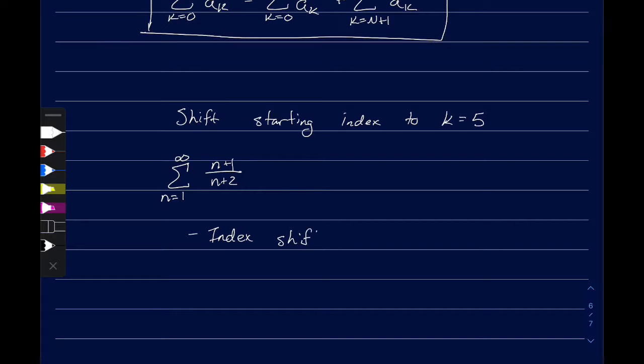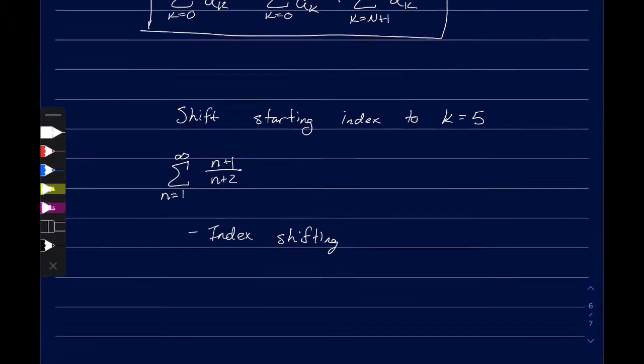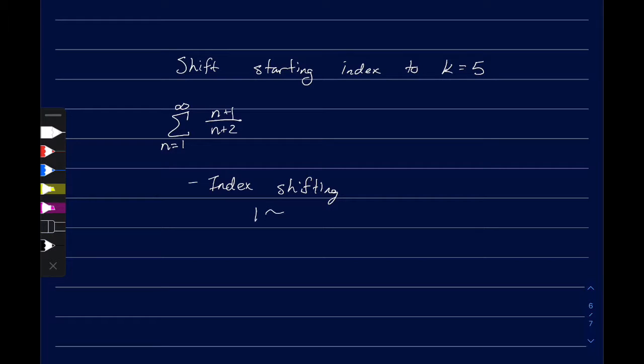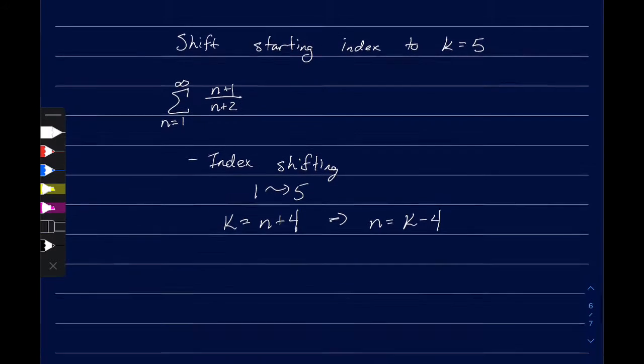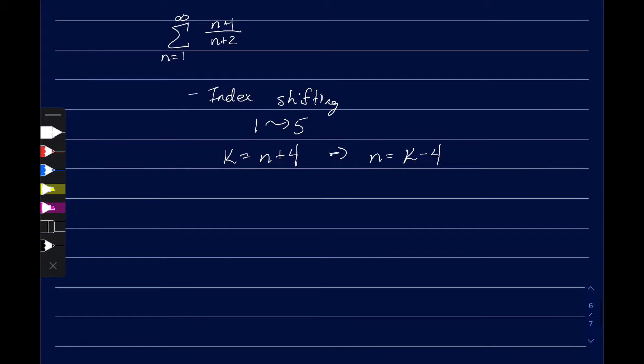So by index shifting, we're going to have to turn 1 into a 5. So we can let k equal n plus 4, and that tells us that n is going to be equal to k minus 4.